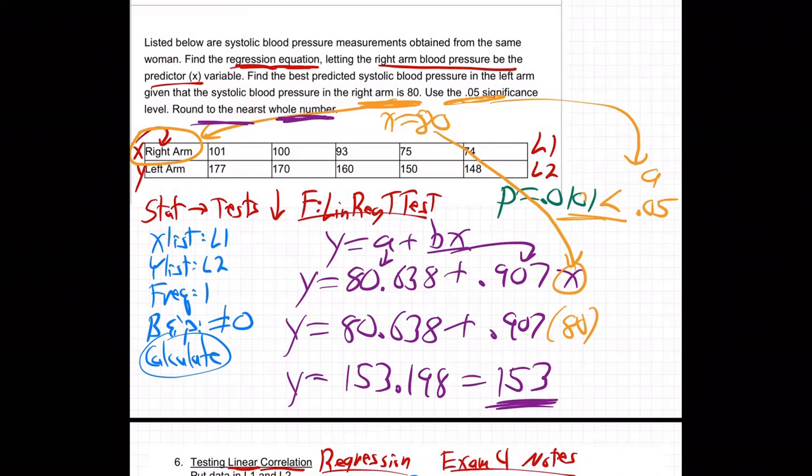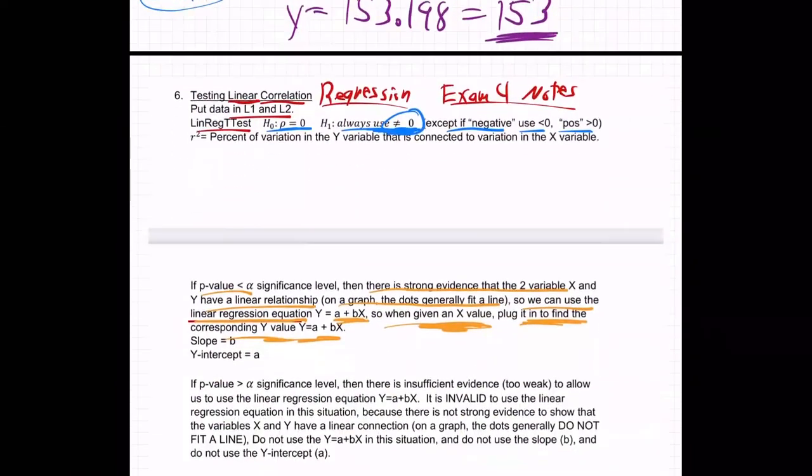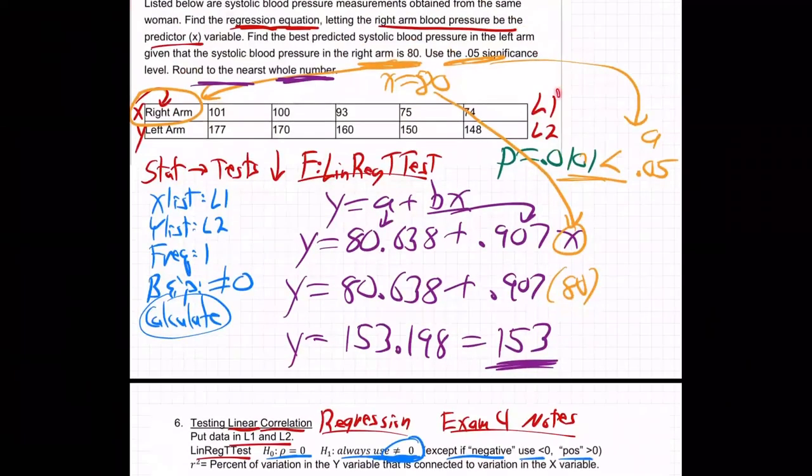Did you follow that last part? So they told me regression equation, so I went down here: linear regression equation. That means I put data in L1, L2, linear regression t-test. H0 is 0. H1, always use not equal to 0 unless they specifically say negative or positive, which they almost never will. That's why I say always not equal to 0. And then we did that: L1, L2, not equal to 0, calculate.